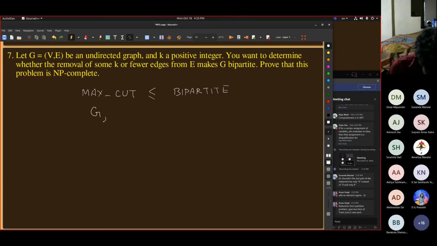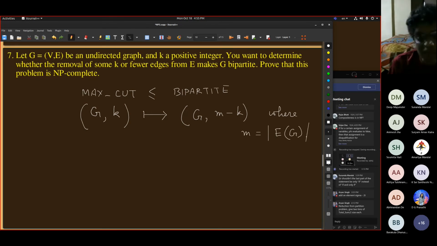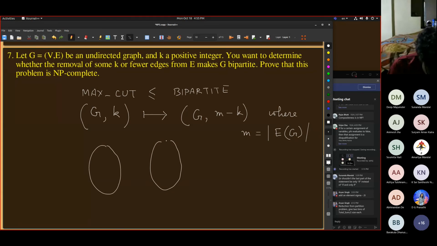This is G and some K. So you are asking whether there exists a cut of size greater than or equal to K. So now the instance is G, M minus K, where M is the number of edges of G. Let's think of this G. There is a cut such that there are K edges here.